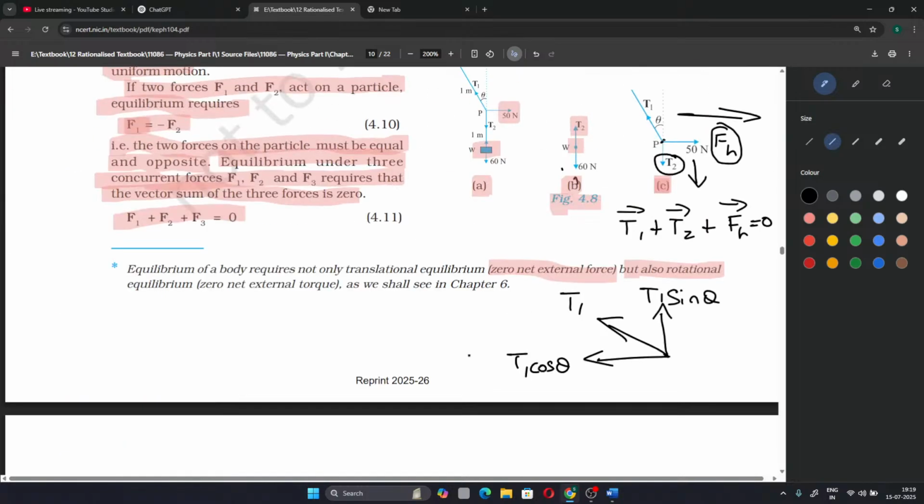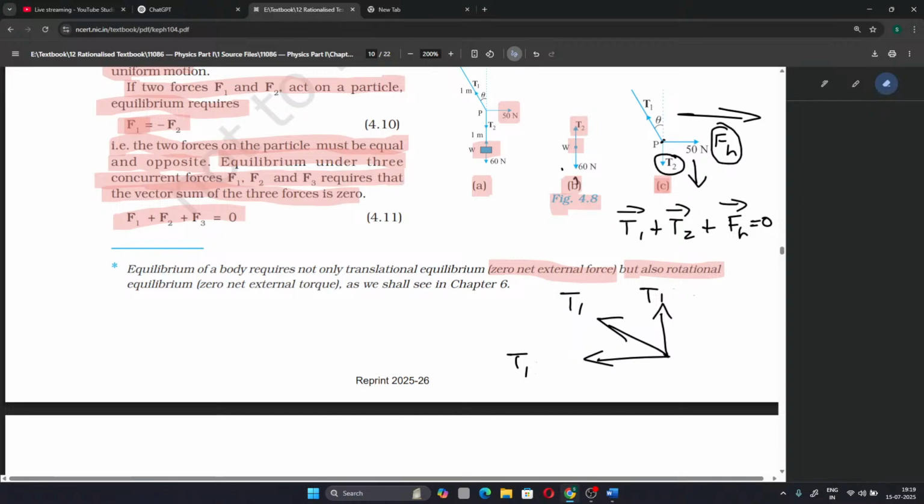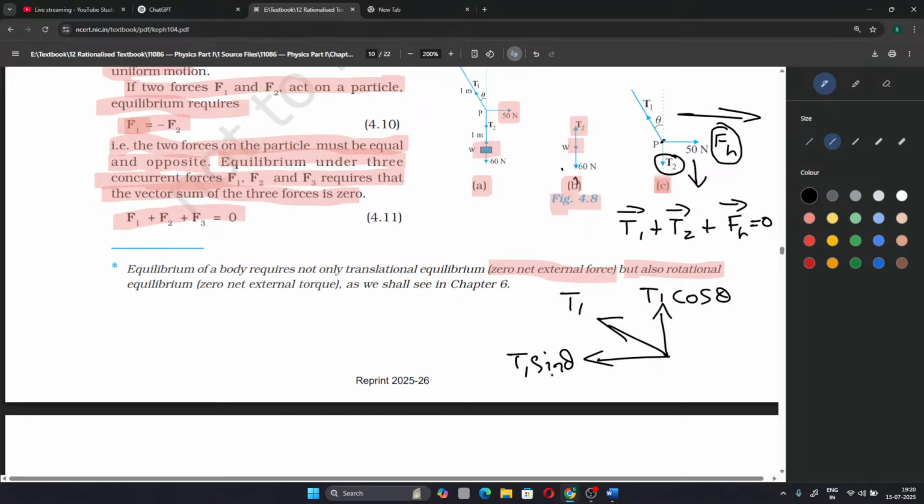Okay, wait, I think they took this as cos theta and this as sin theta. Okay, the angle is with the vertical, so of course they should take it like that. I made a mistake there. In this case, this will be the cos theta and this will be the sin theta, and this is the downward force. This is T2.